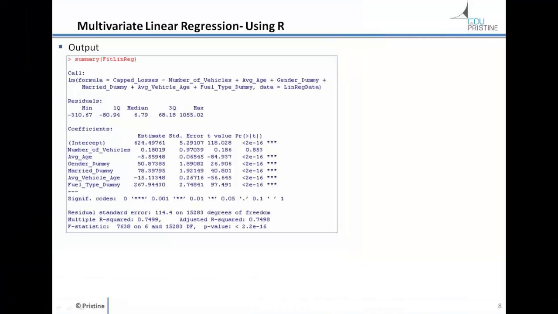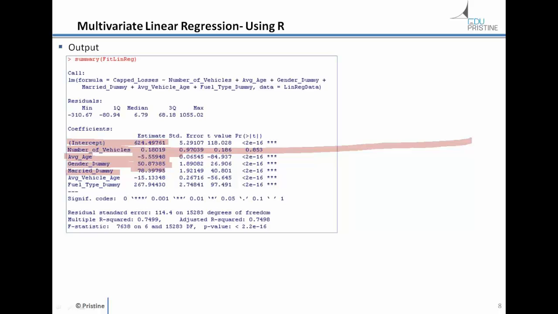I'm going to tell him that I have got these variables. This one is removed, so let's remove it. I'll say intercept is 624. Average age has a negative sign, which means that as average age increases, the losses reduce. Gender dummy has got a positive 50 sign, a positive number. Married dummy has got a big positive number.